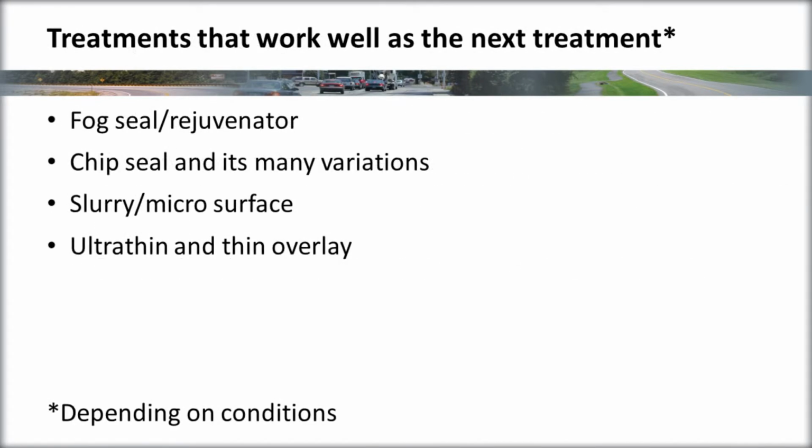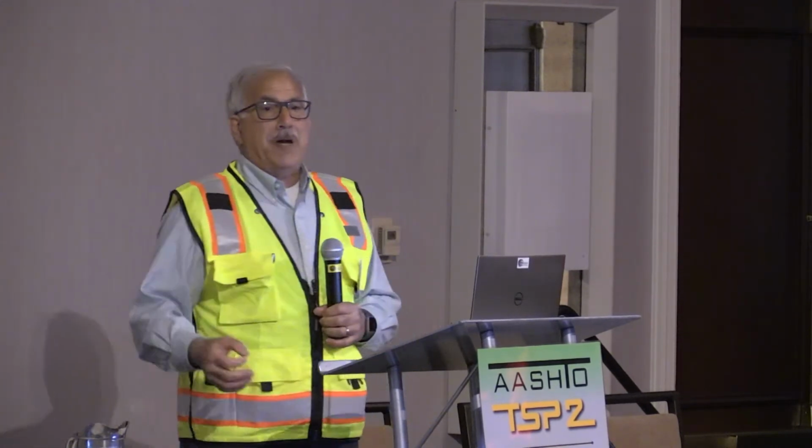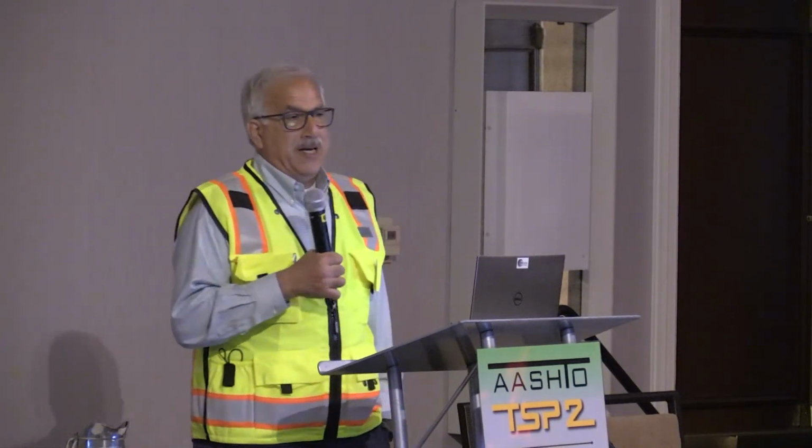What treatments work well in the preservation universe as the next treatment? I've identified a few here in the thin or really thin surface treatment category. This list is by no means exhaustive, but these are things you can place on top of each other: multiple fog seals or rejuvenating seals, multiple chip seals or the many variants of chip seals, slurry and micro, micro in particular you can build up, and thin and ultra-thin overlays are all candidates.